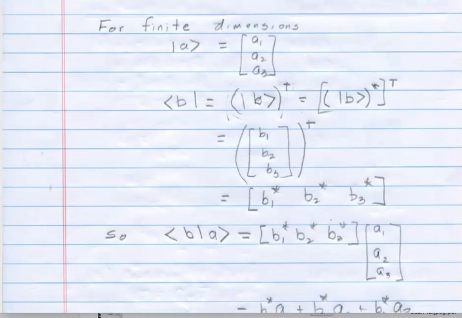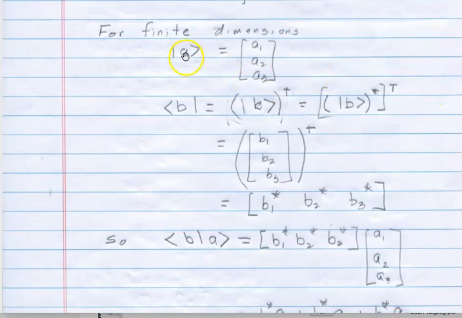Just to illustrate that, for finite dimensions, we're representing ket vectors by column vectors. And B, remember, is a bra vector, and it's the Hermitian conjugate of a ket.